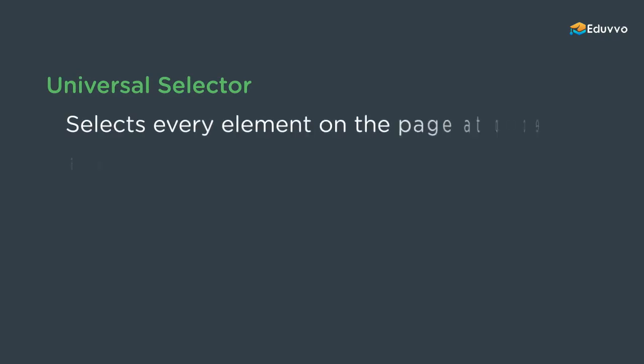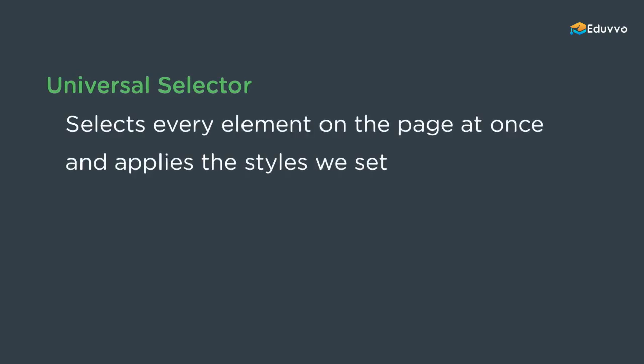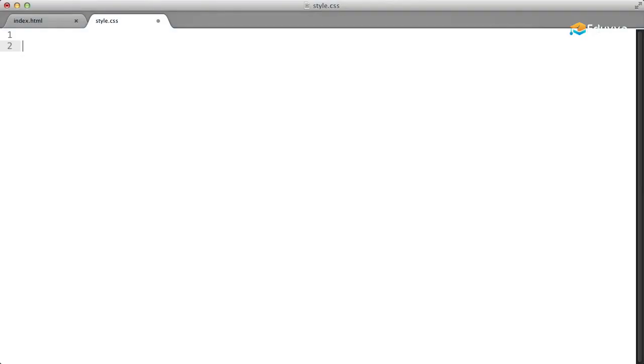It's called a universal selector because it selects every element on the page at once and applies the styles we set. The universal selector is a very powerful selector because it takes precedence over all other selectors, as we'll soon find out. So to create a universal selector, we simply use an asterisk as our selector, followed by a set of curly braces.